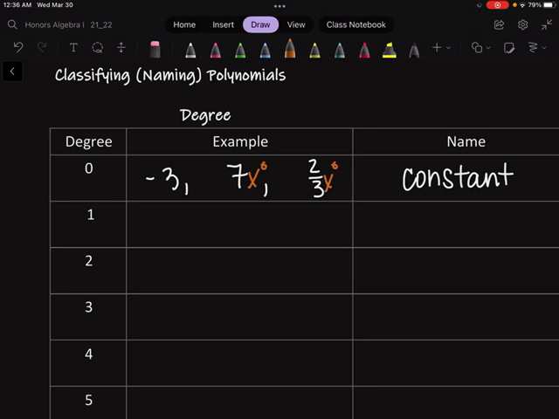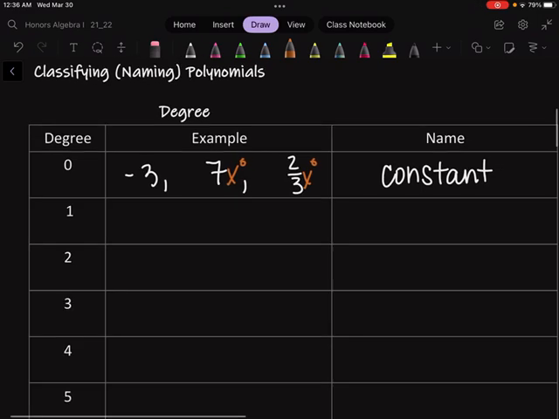So what if the degree is 1? We've seen examples like this. That's like x or 1/2 x, or maybe x plus 7. All of those x's have a degree of 1, so therefore it is linear.